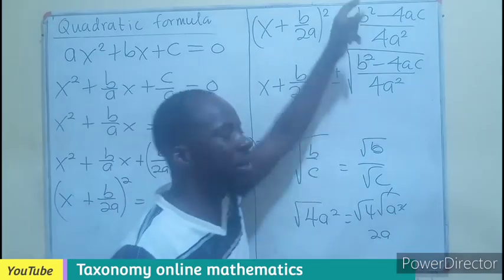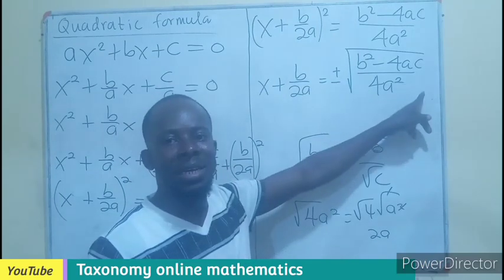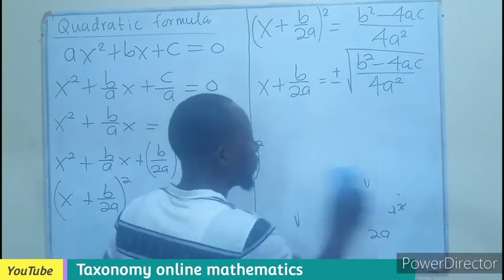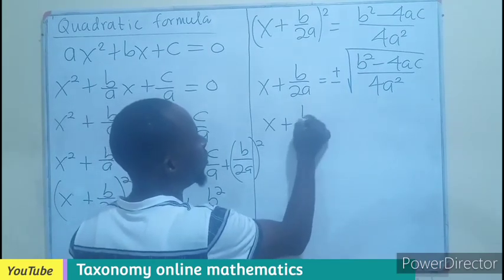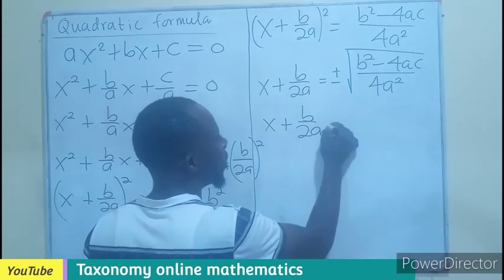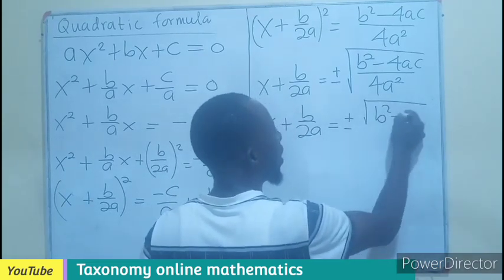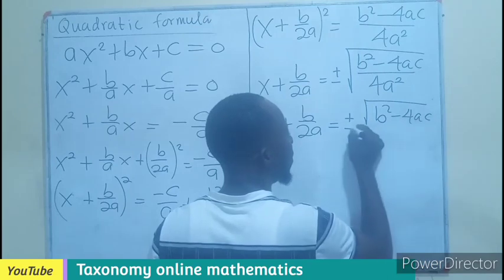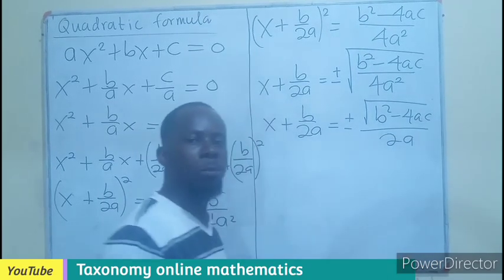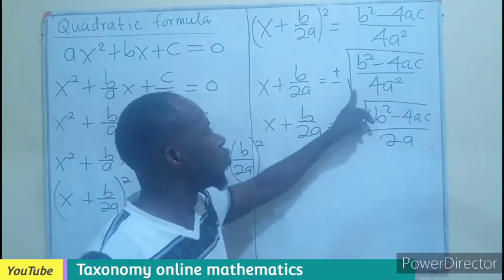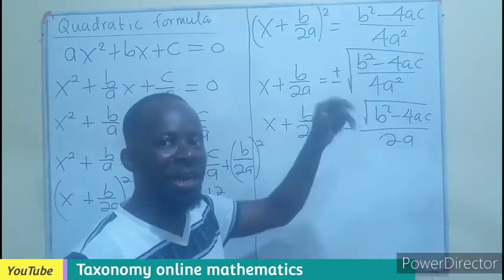So if I separate the square root, I'll be having what? 2a as my denominator. So we have x plus b over 2a equals plus or minus the root of b squared minus 4ac over what? 2a. You've seen that the root is now affecting only the numerator, not both the numerator and the denominator.